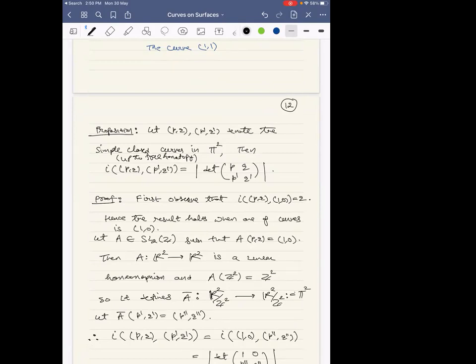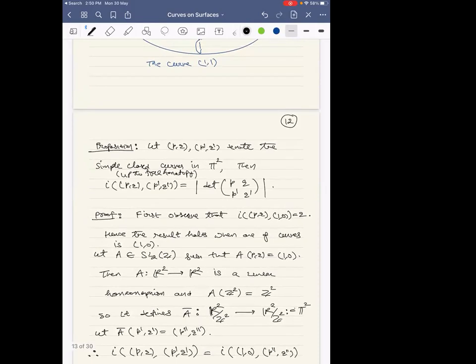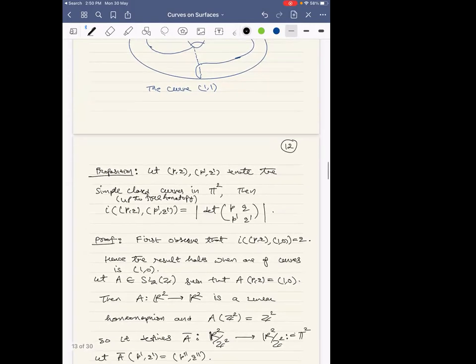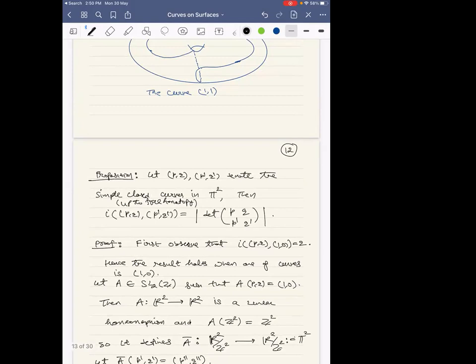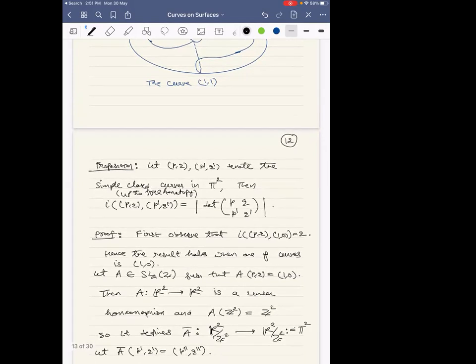So the first thing one has to observe is that if you look at a curve PQ, it will intersect this (1, 0) curve in exactly Q points. So this is the first thing. Once you make this observation, that this intersection is Q, one can check that this Q is nothing but the determinant of PQ with (1, 0).